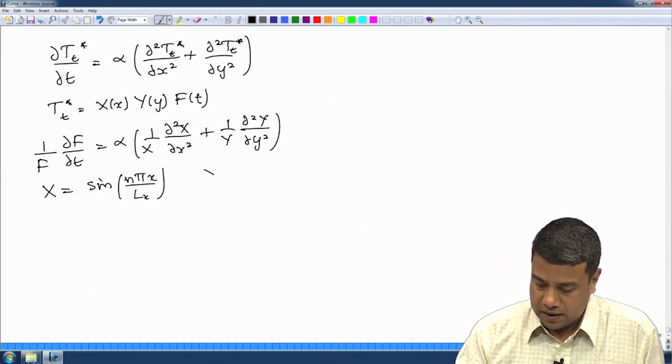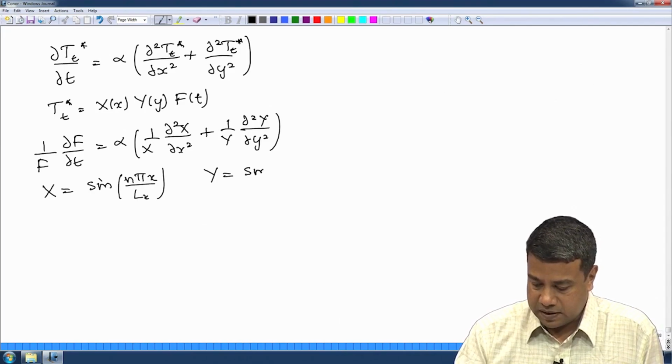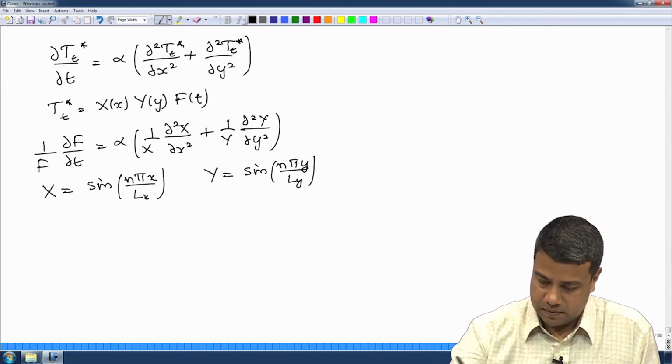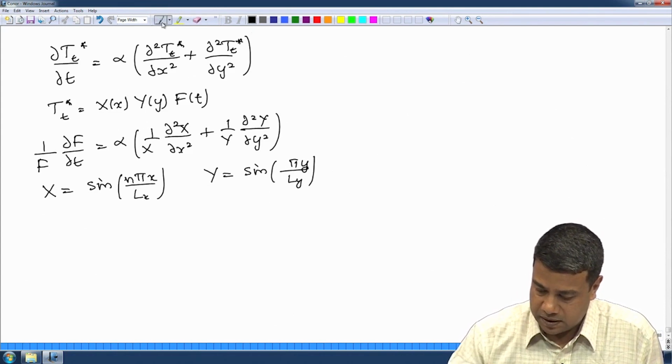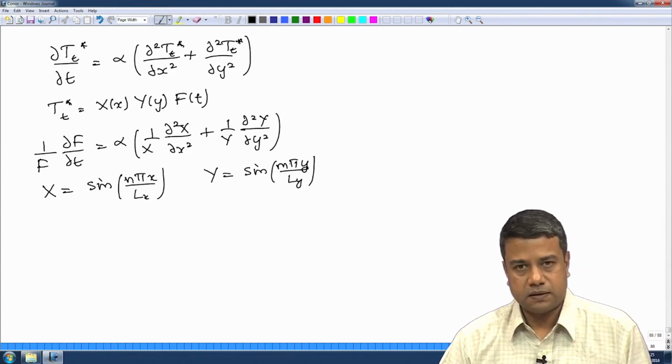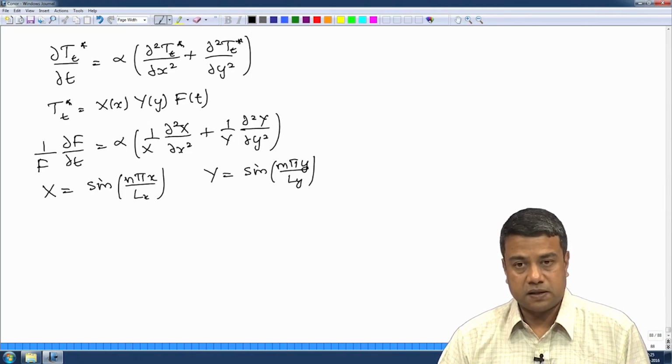Y has to be of the form sine m pi y by Ly, where I should be careful here. This integer can in general be different. It has to be an integer nevertheless.